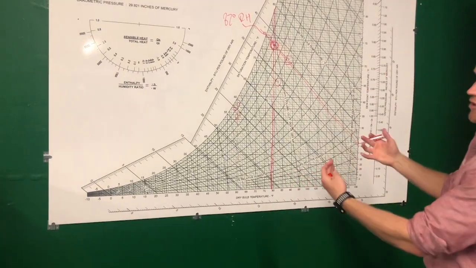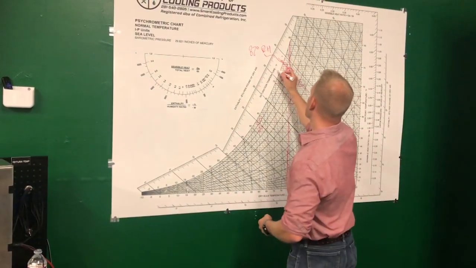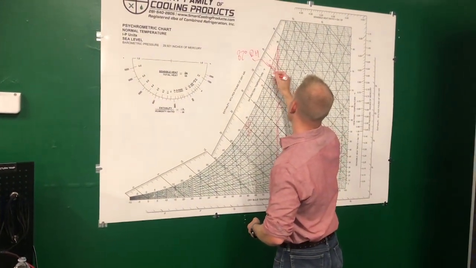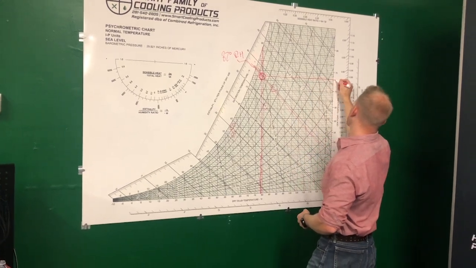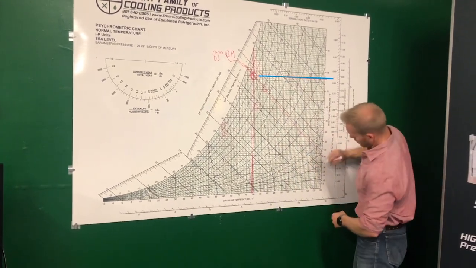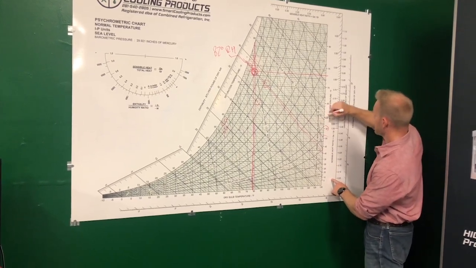There's other features or other ways we can represent that same point on the Psych chart. If I draw a horizontal line through our point, you'll see we have more numbers here.